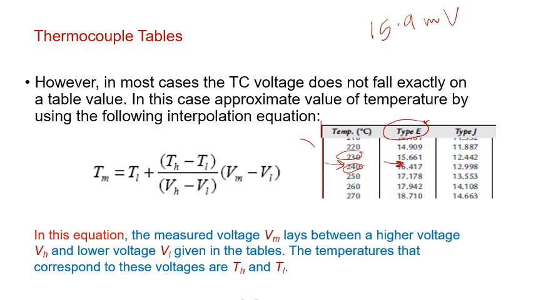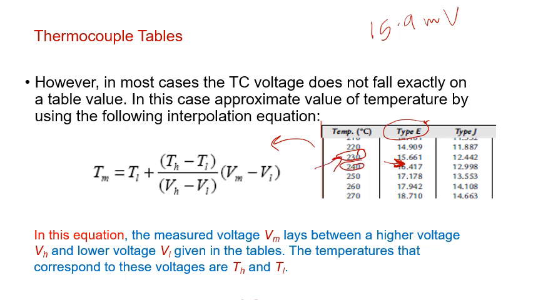For that, we are going to use this equation to decide on the exact value. How to use the equation? I said just now, the value will be located here. So if it's located here, that means the temperature will be between this value and this value.